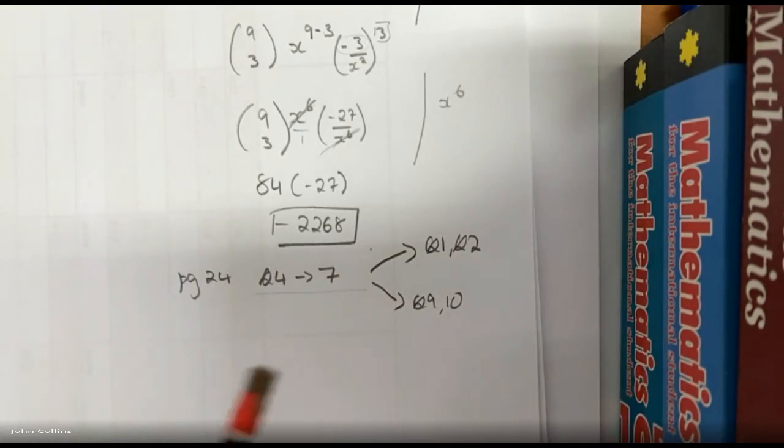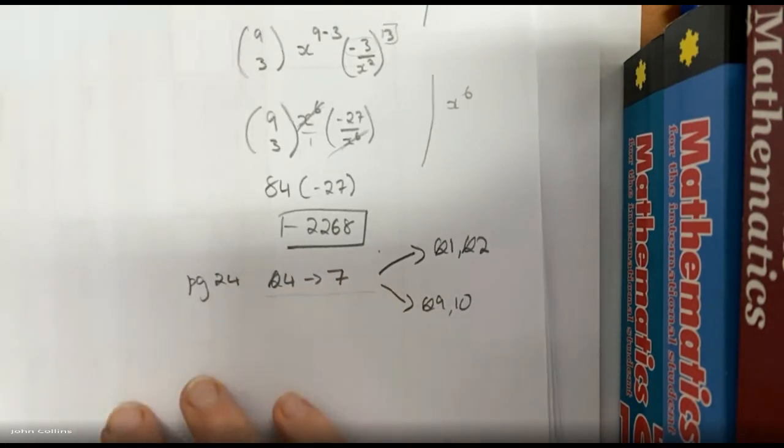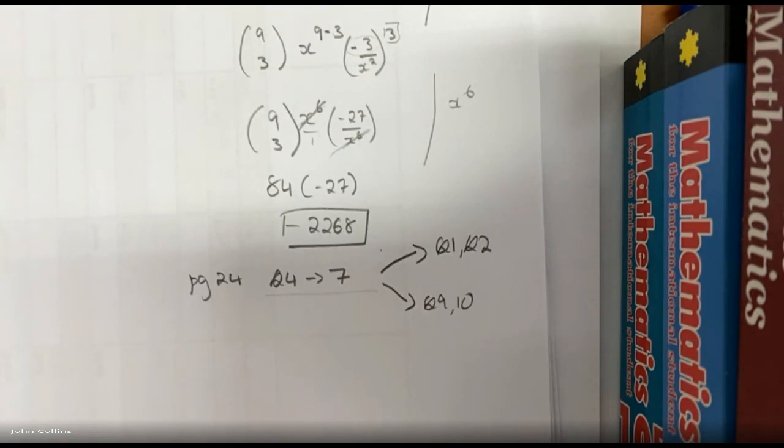So try and do questions 4 to 7 again. And if they're now easy and you're getting the hang of them, go on and do 9 and 10. If they're not easy, don't worry, we're going to spend the next couple of lessons going over this. Binomial theorem is a difficult topic, and it's hard to simplify beyond how much we've done. But by the end of the week, we should have it down.